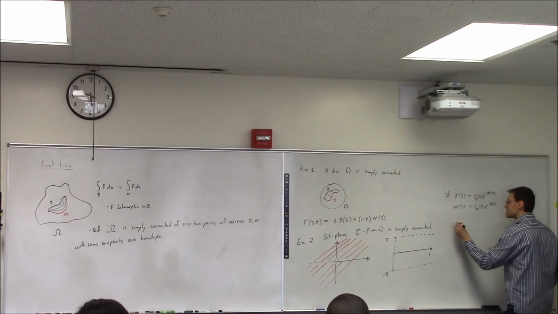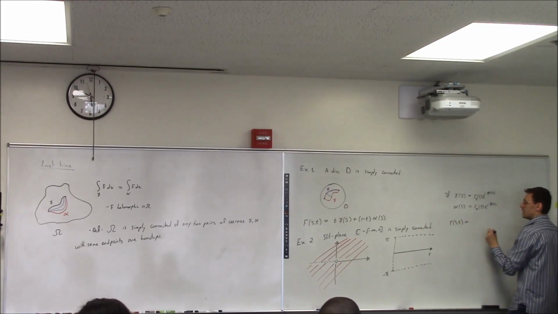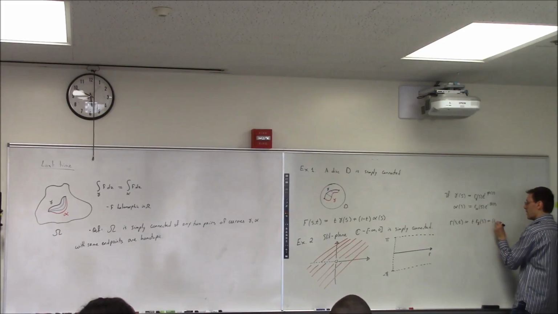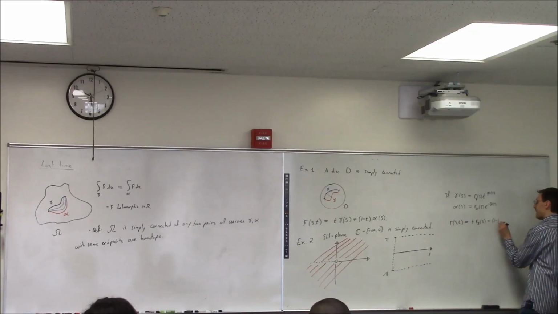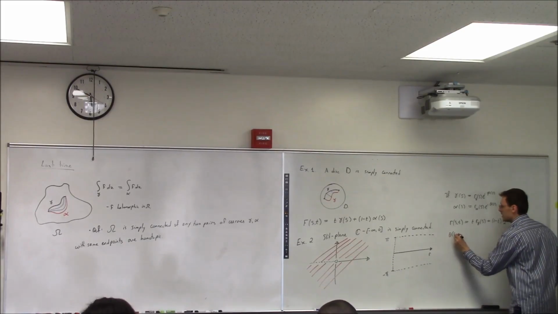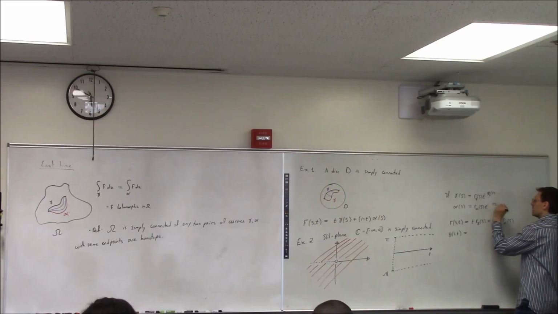I can create the functions r of s,t to be simply t times r sub gamma of s plus 1 minus t r sub alpha of s, and I can create the angle theta of s,t to be equal to, let's call it maybe this would be phi sub gamma, this is phi sub alpha.